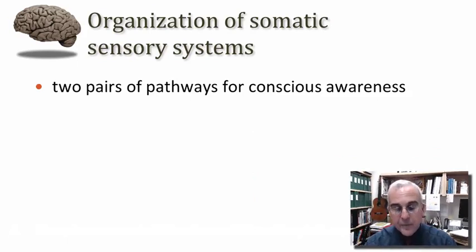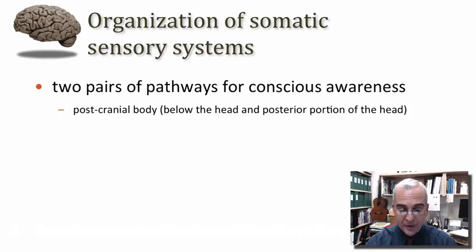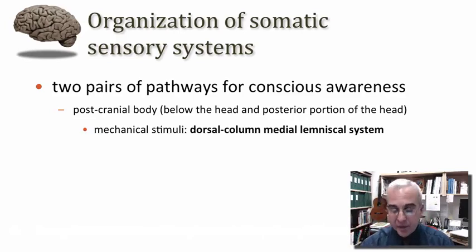So for our conscious awareness of mechanosensory stimuli, there are two pairs of pathways. One for the body below the back of the head, including the back of the head. We call this the postcranial body, post meaning posterior to the cranium. And there is a pathway that we call the dorsal column medial lemniscal system.